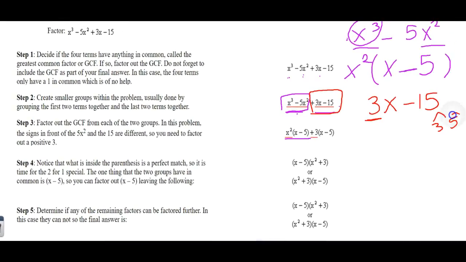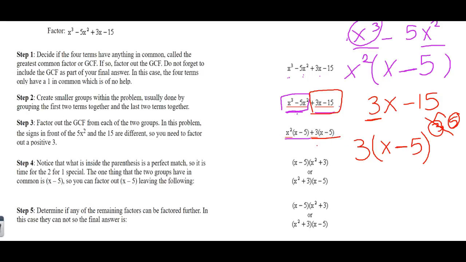So we can simply say, okay, that's clear. The common factor has to be the 3. So I'm pulling the 3 out. X will be left. The negative sign stays the same. Now, if I pull the 3 out of the 15, I'm left with 5 inside the parenthesis. So this is the second group.